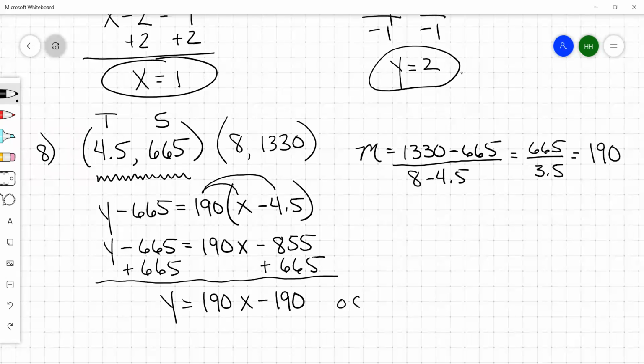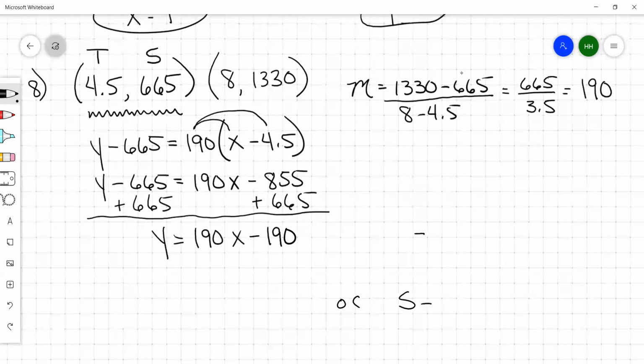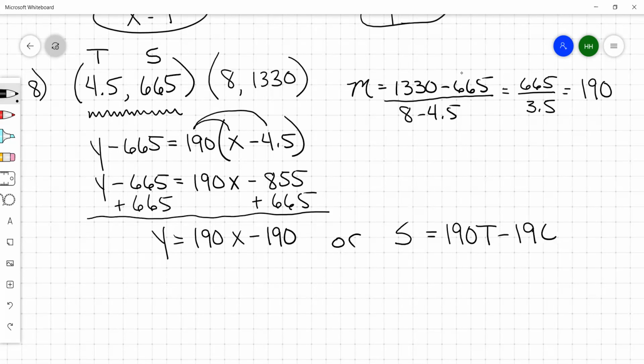Or you can say that your S is equal to 190t minus 190.